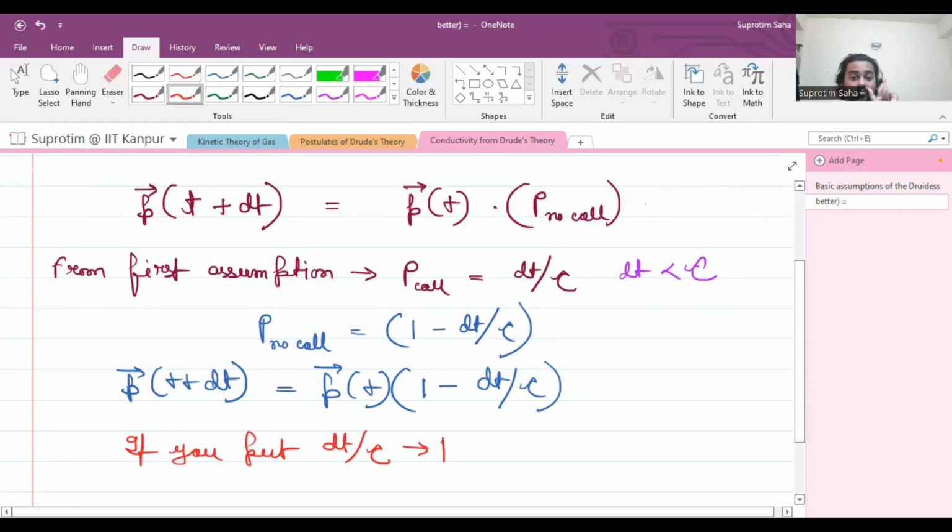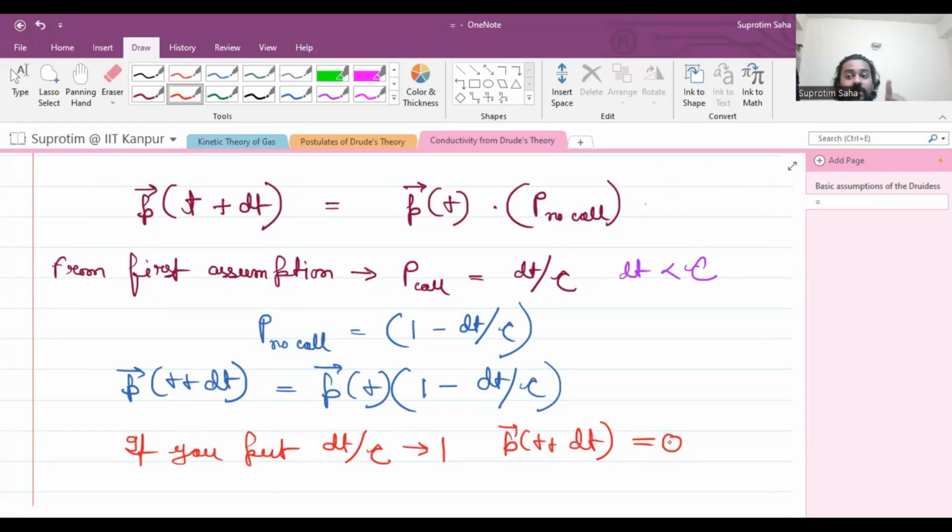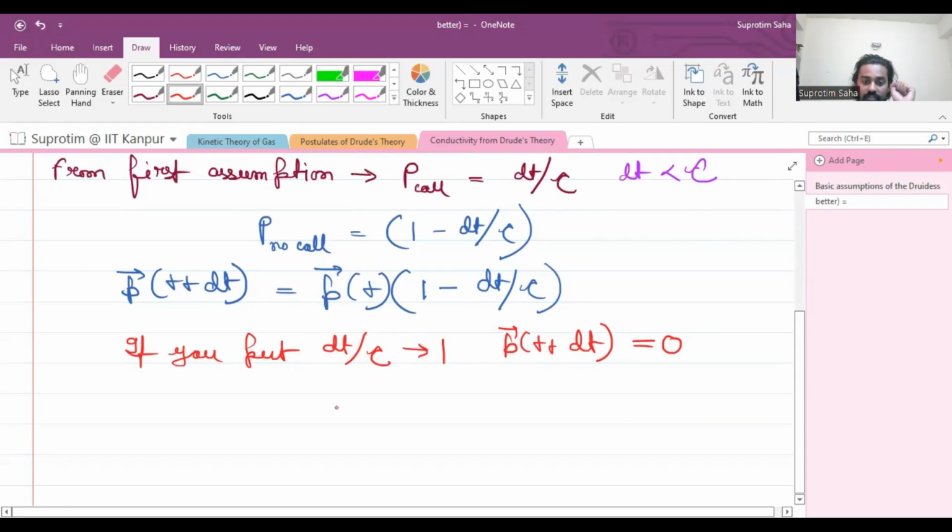So if you put dt by tau equal to 1 in the above equation, then P of t plus dt becomes 0. And you can recall that the net average momentum because of this randomized motion becomes 0. So you are getting it back there, because at a time scale greater than tau the electrons have undergone a number of collisions, so the net average momentum becomes 0.